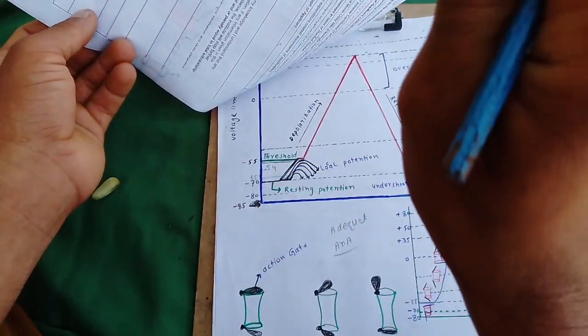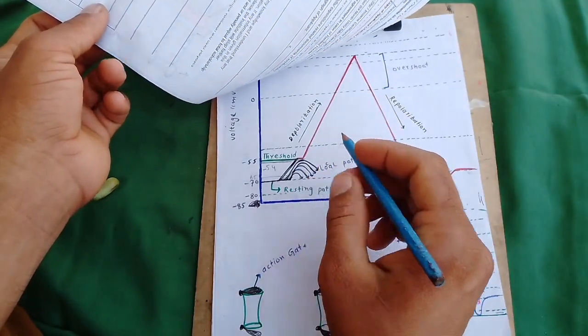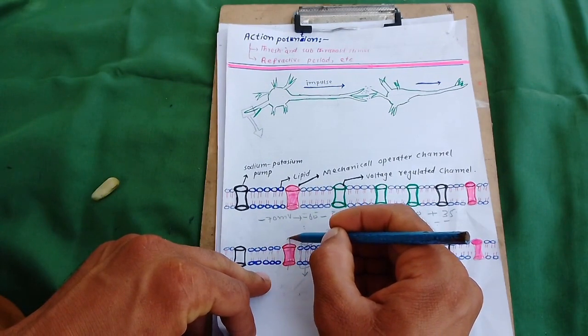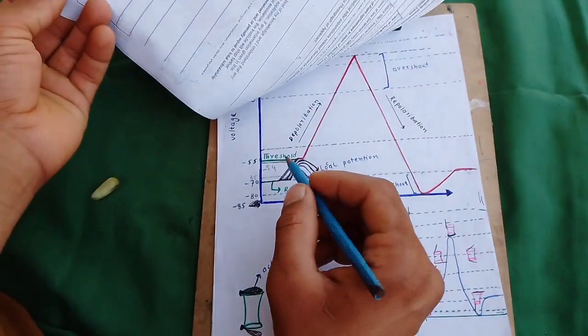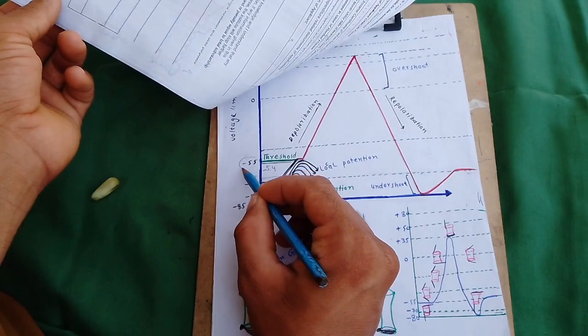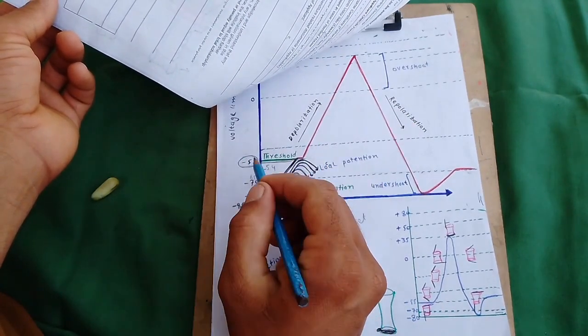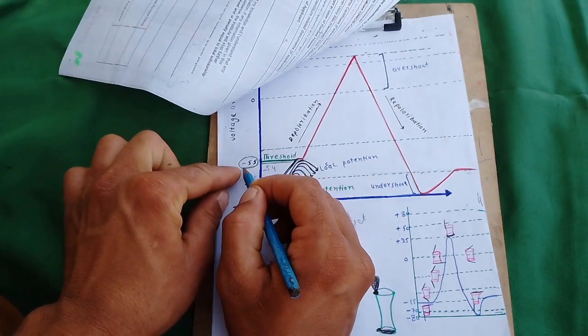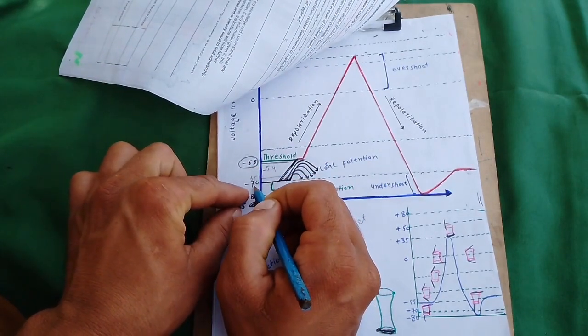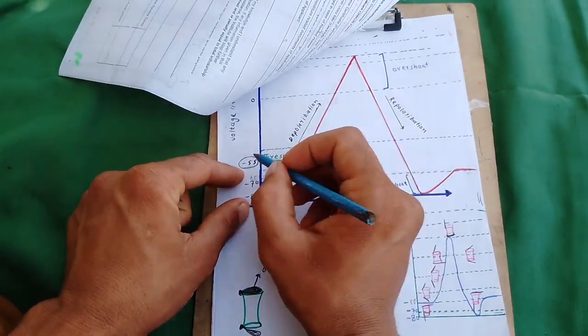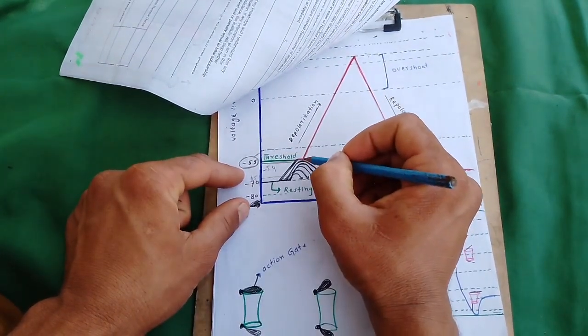But when I touch this area with adequate strength, enough sodium moves inward in order to bring the depolarization up to this point. To bring the depolarization from minus 70 up to minus 55, at this depolarization point the action potential starts.